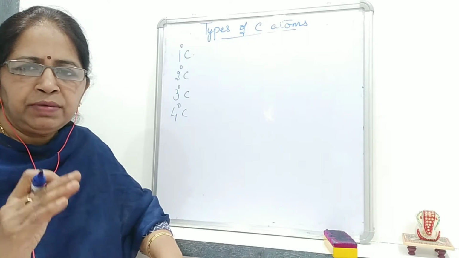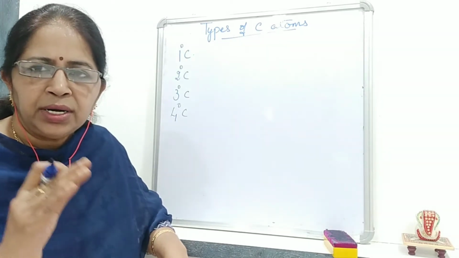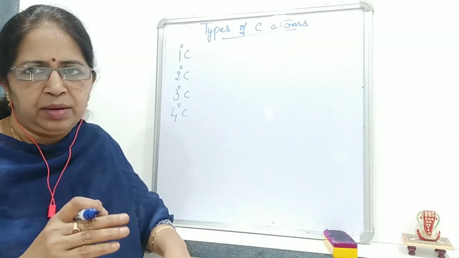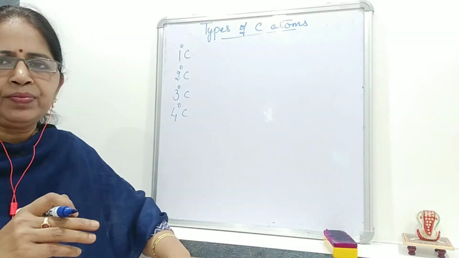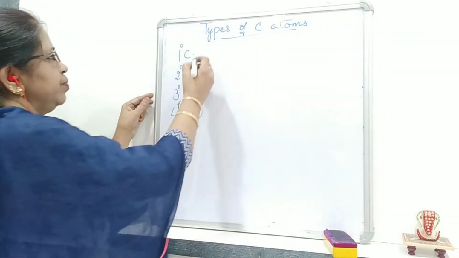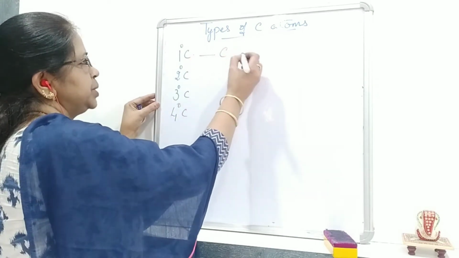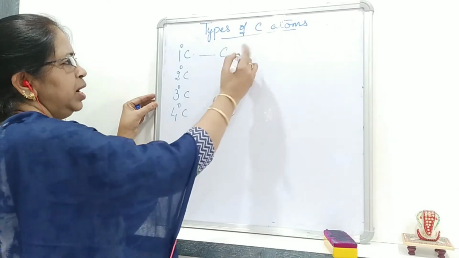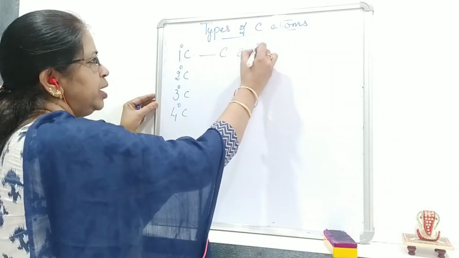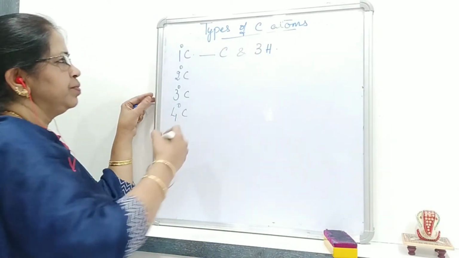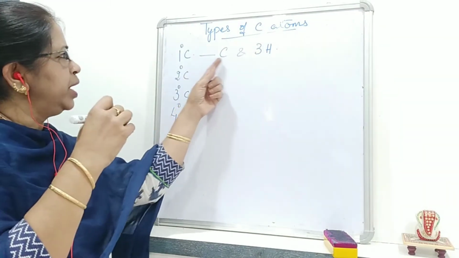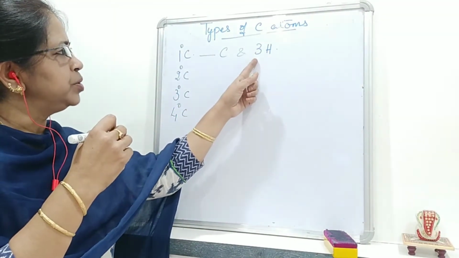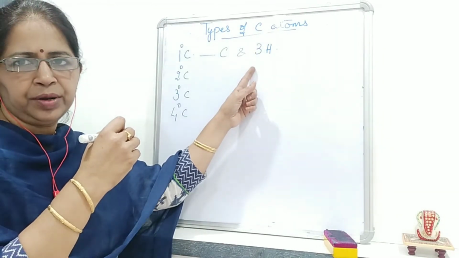A carbon which is attached to only one other carbon atom and 3 hydrogen atoms is known as a primary carbon.